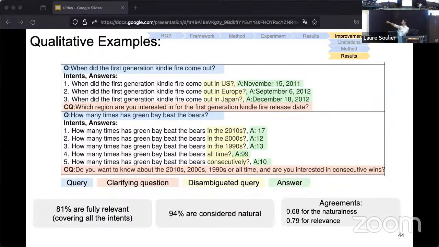So, for example, for the second row, do you want to know about 2010, 2000, and 1990, or all time, or are you interested in consecutive rules? You can see that all 5 possible answers are contained in the clarifying question. And also, 94% of the generated questions were considered natural.